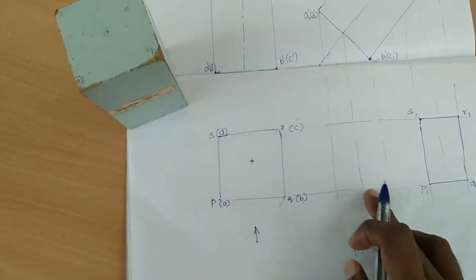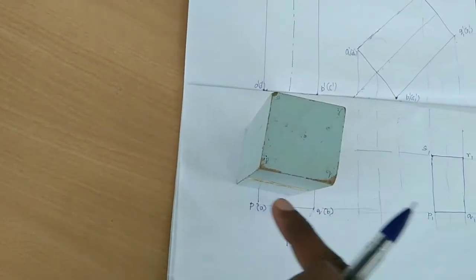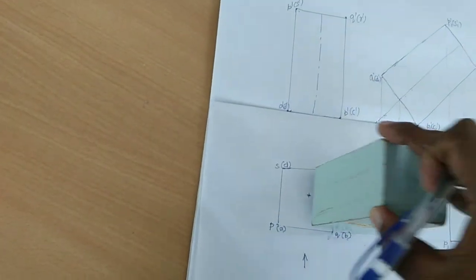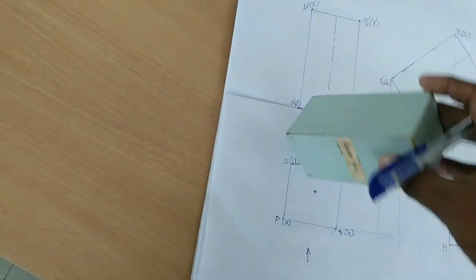After that, the rectangle shape is obtained, that is P and S. The bottom sides are AB and AD.